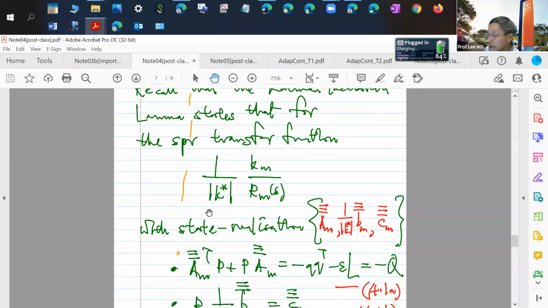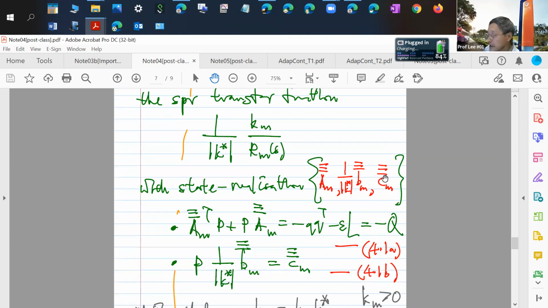So all that happens is that I'm still looking at AM triple bar, BM triple bar, CM triple bar, but now I put in the multiplier 1 over magnitude of K star, and it remains strictly positive real. Since it remains strictly positive real, the Kalman-Yakubovich lemma equations still hold.